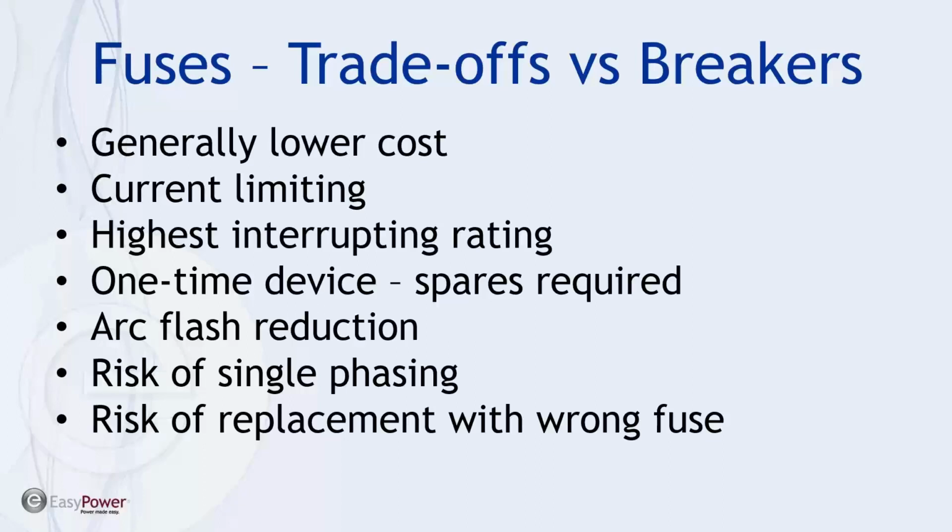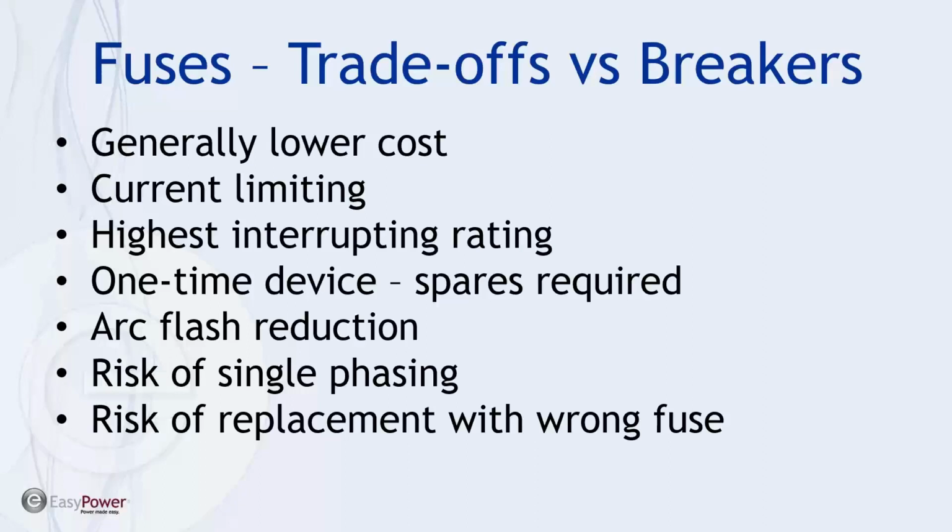The downside, or a con, of using fuses is the fact that they're a one-time device, so you must have spares to replace or re-energize once you've had a fault. They are very useful in arc flash reduction, but in the case of a single fuse blowing, there's a potential risk of single phasing the equipment, which could be more injurious in terms of equipment risk.